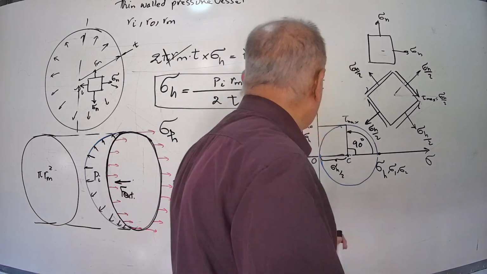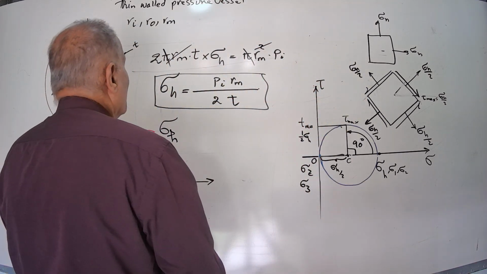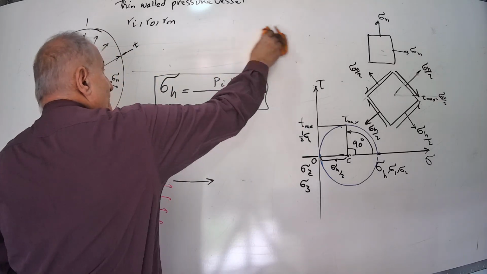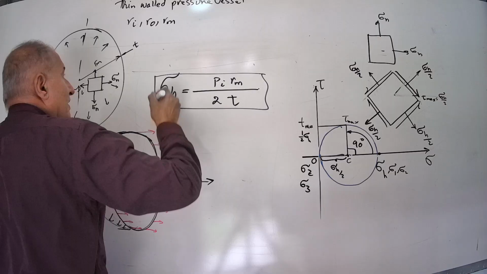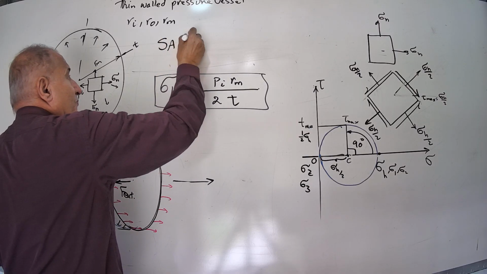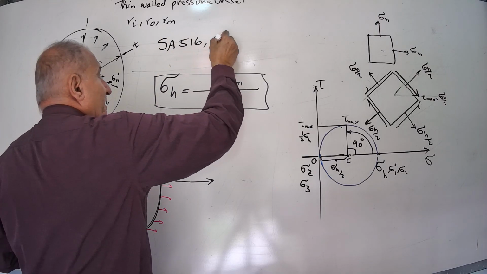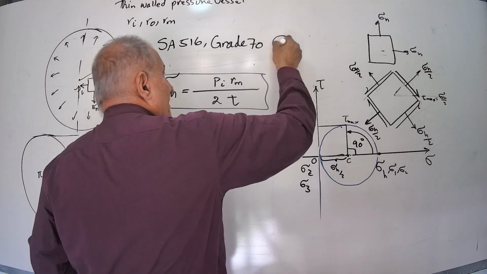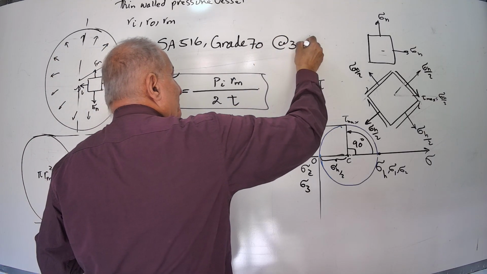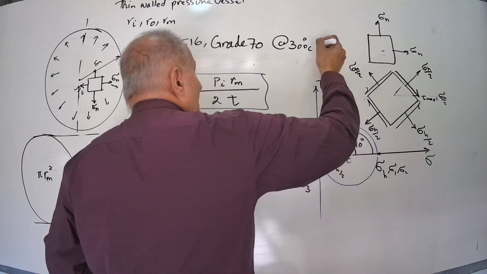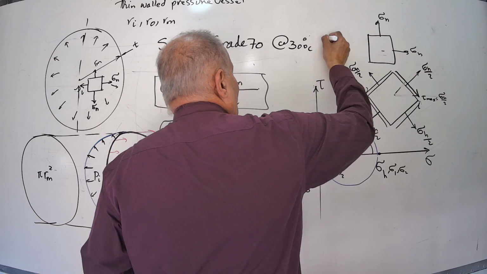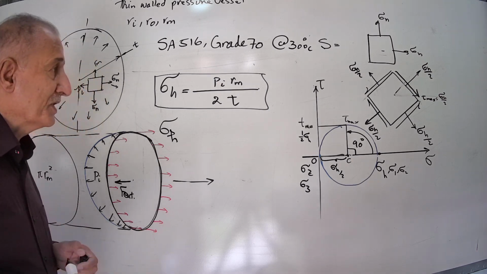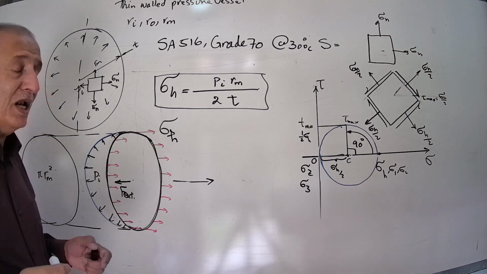Assume that our material is SA 516 grade 70, for example, at 300 degrees centigrade temperature, S is the allowable stress, which is the maximum working stress that can happen. We allow it to happen.